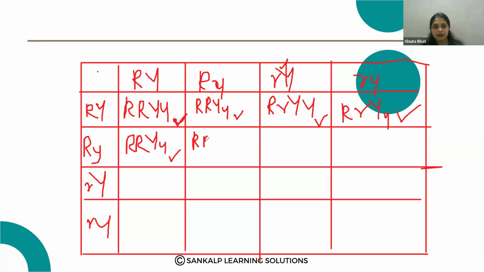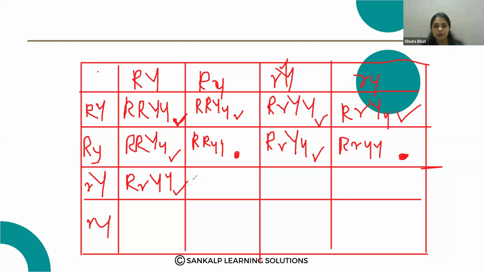Capital R, small y. But here it is round green seed producing plant. Okay. Then capital R, small r, capital Y, small y. That is also round yellow seed. Then capital R, small y. This is also a round green seed producing plant. Then capital R, small r, capital Y. This is also round yellow seed.